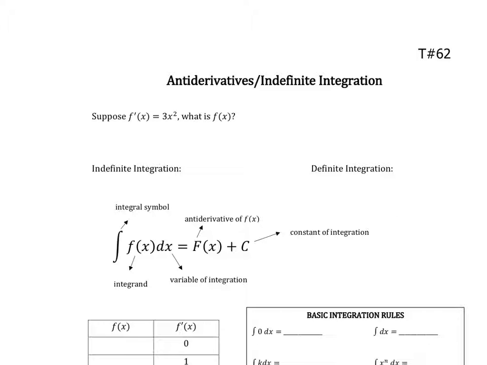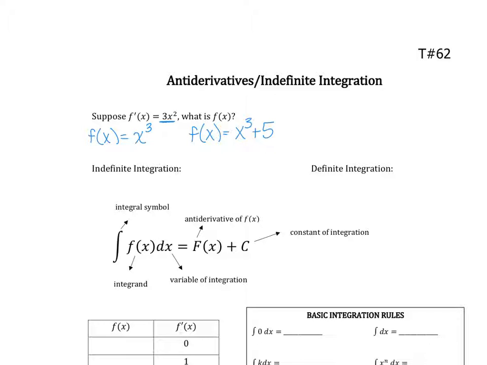Suppose that I tell you that the derivative of some function is 3x squared. What is a possibility for f of x? In other words, if I took the derivative of something and got 3x squared, what would that something be? You might say, well, x cubed. But somebody else might say you could have x cubed plus 5, and I'd still get that derivative.